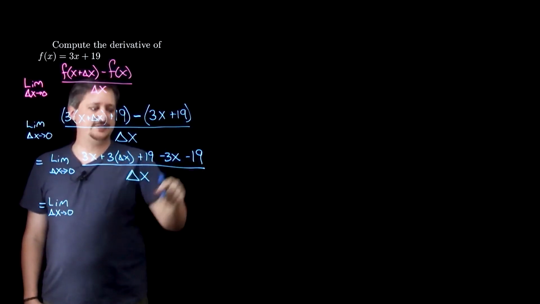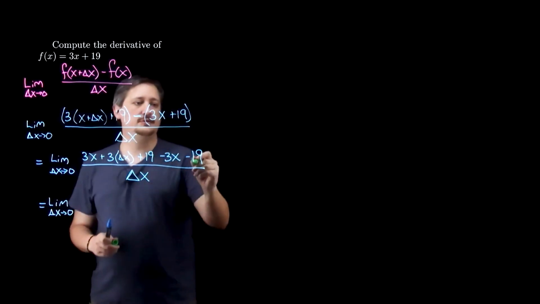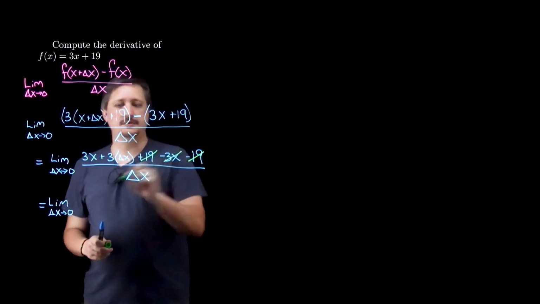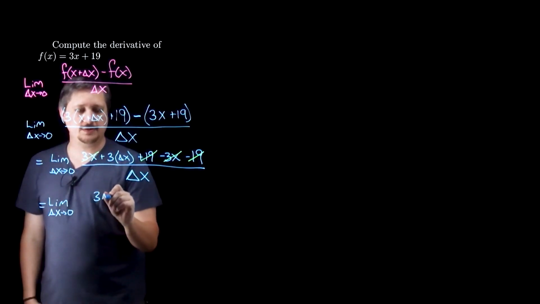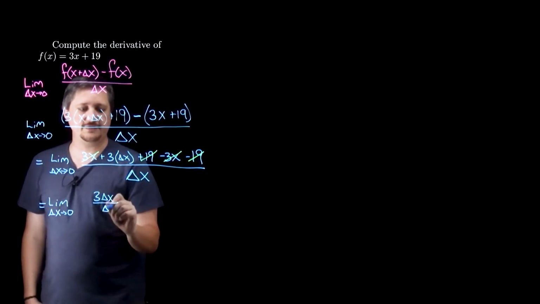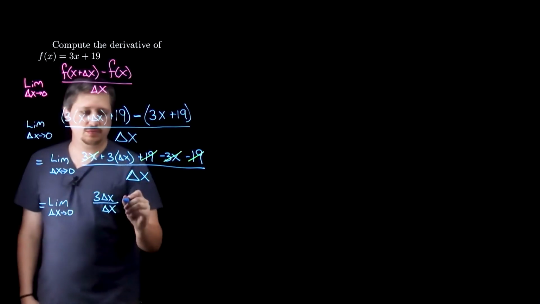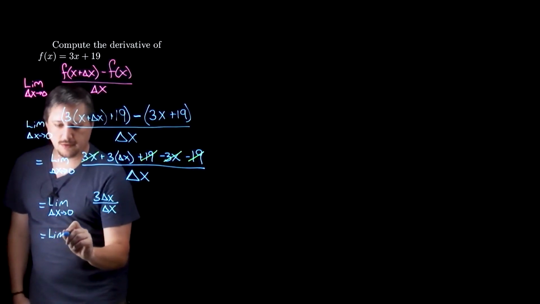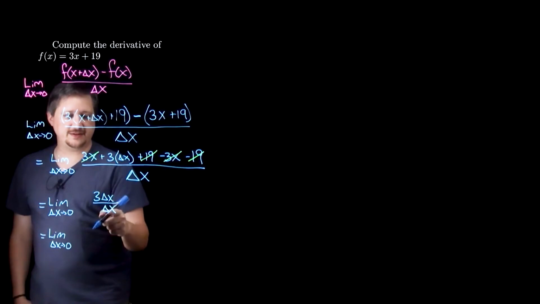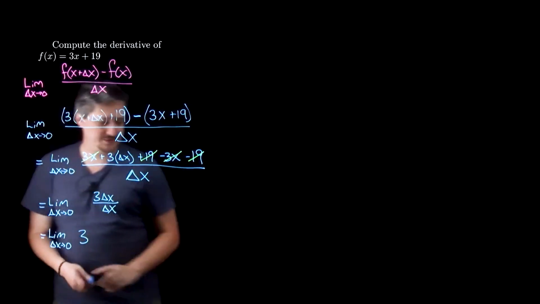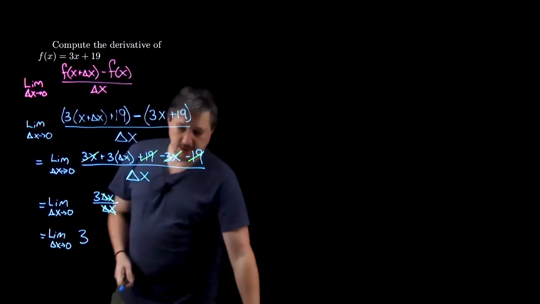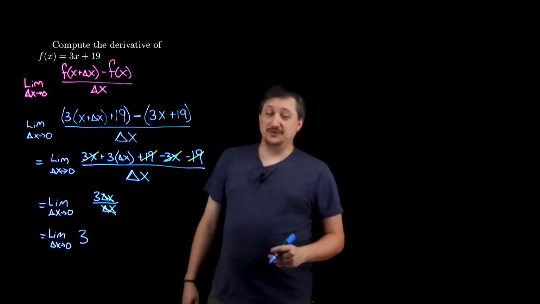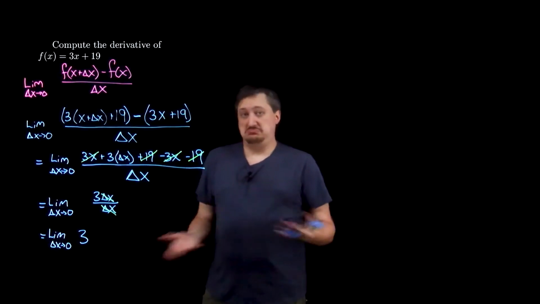I have a plus 19 and a minus 19. So these, right, those cancel, leaving me with just 3 delta x over delta x, which is then the limit as delta x going to 0 still. But here my delta x's cancel, so I just have 3. Right, so again, to be clear, here my delta x cancels. And now the limit as delta x goes to 0 of just 3 is 3.